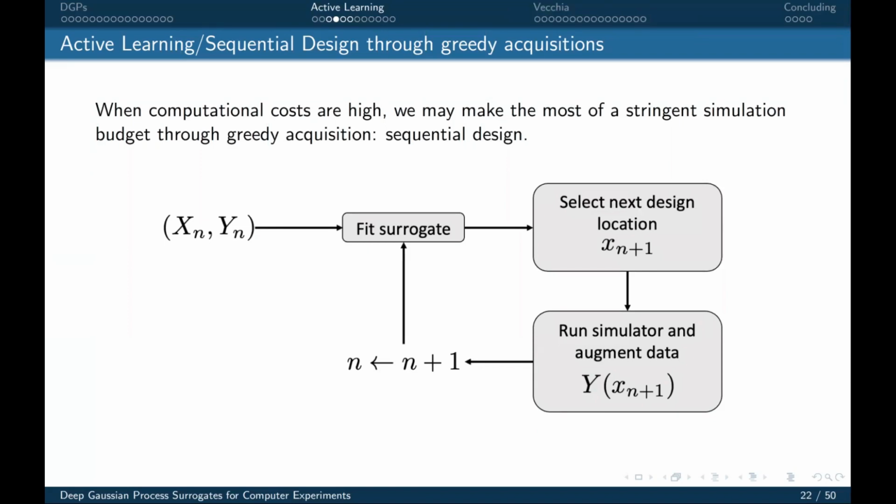Okay, so I want to create a criterion that lets me choose the next input to run. Then I will run at that input and get the output, and then I'll augment my training data set, refit and repeat. So I want to create this learning and data acquisition cycle. And it's kind of greedy or stepwise, one at a time.